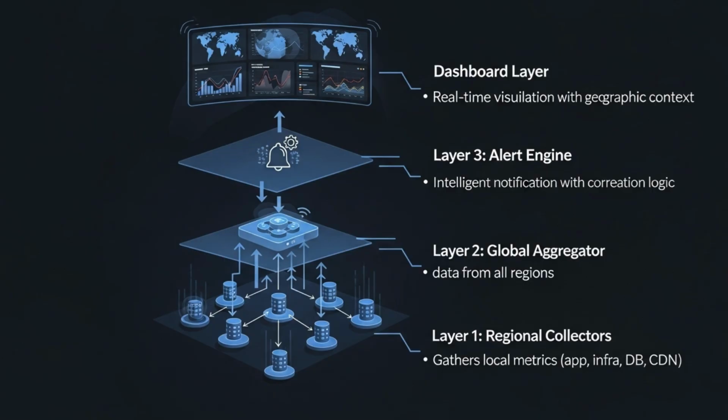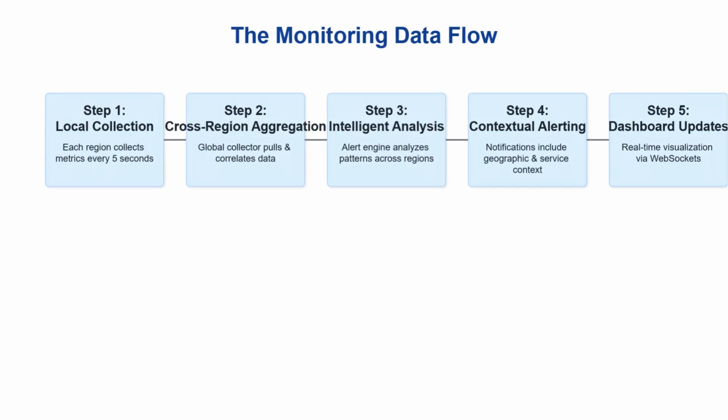Let's trace the journey of a metric through our system, from its collection to its appearance on a dashboard. This flow ensures we're not just collecting data, but acting on it intelligently. The process begins with local collection. Each region's collectors actively gather metrics every 5 seconds, capturing everything from API response times and error rates to resource usage.